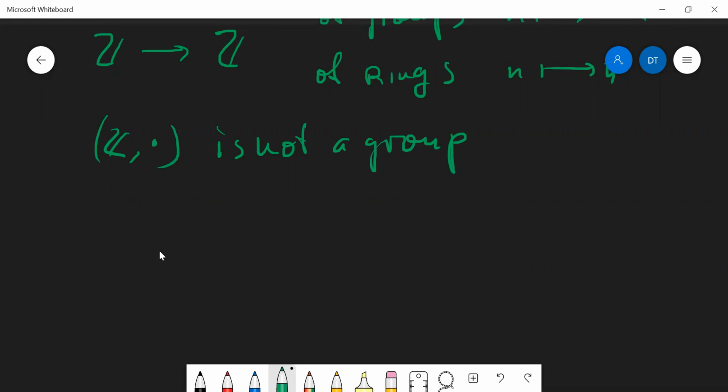If we switch, then most probably 0 will be mapped to 1, not to 0. I mean, if we try to switch these two operations, then 0 would be mapped to 1. Yeah, of course, the neutral element here is 1, but in Z, it is not a group.